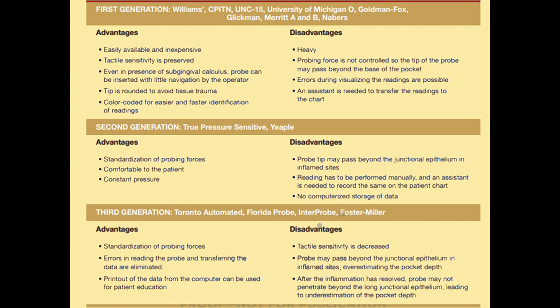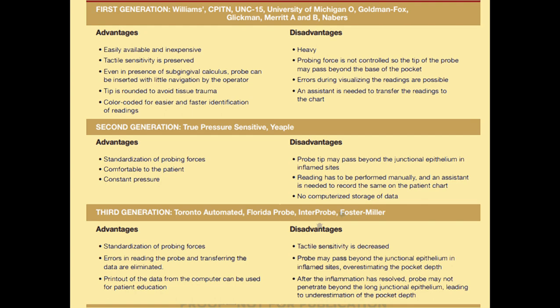Third generation: Toronto Automated Probe, Florida Probe, Interprobe and Foster-Miller Probe. Advantages are standardization of probing force. Error in reading the probe and transferring the data are eliminated. Printout of data from computer can be used for patient education. Disadvantages are tactile sensitivity is decreased.